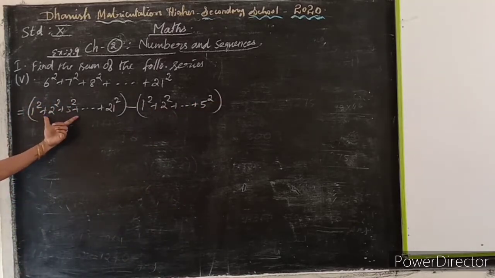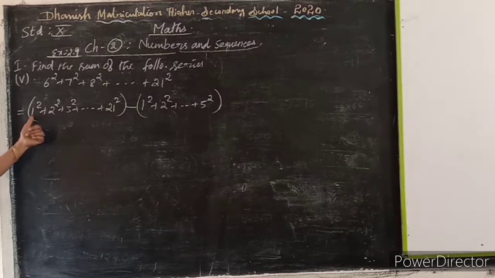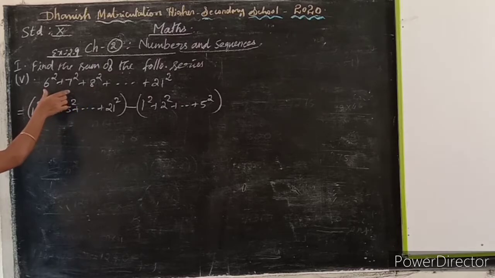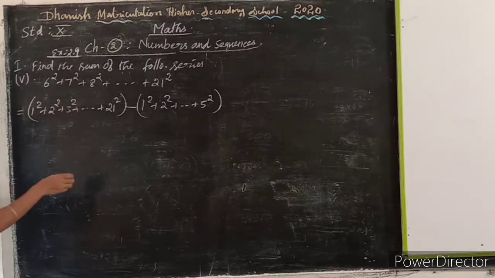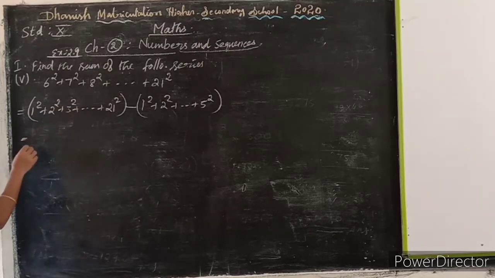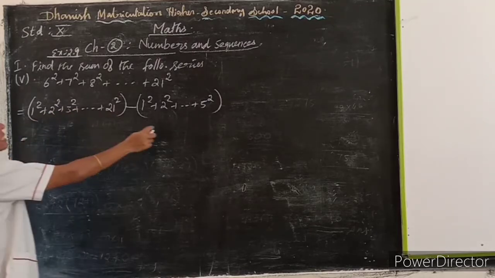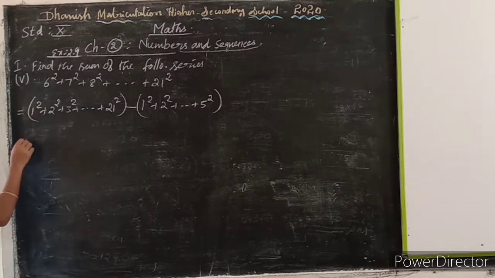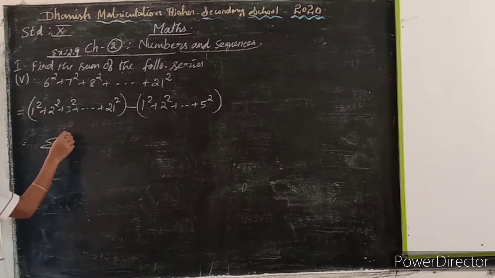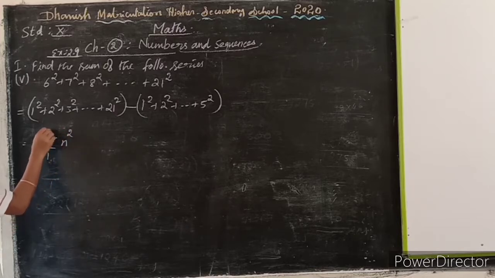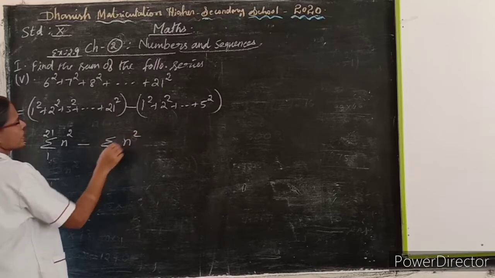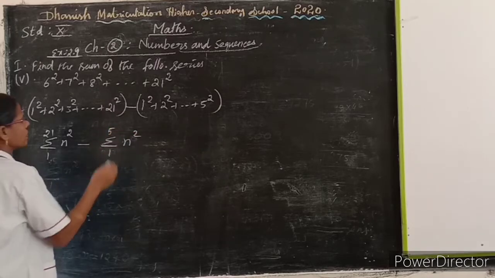So now this series is the sum of squares of first n natural numbers. The given series is not in the form of the sum of squares of first n natural numbers, so here our n is 21. In the unwanted series our n is 5. Prepare the formula: sigma n square from 1 to 21 minus sigma n square from 1 to 5.